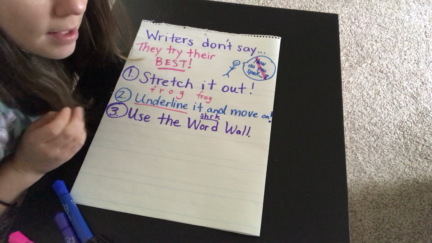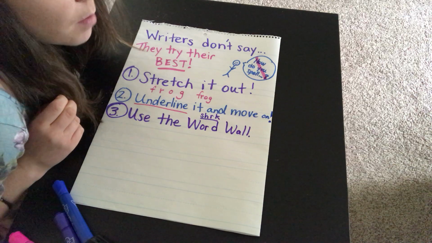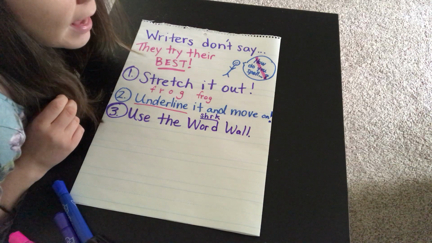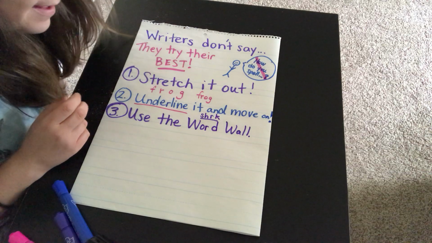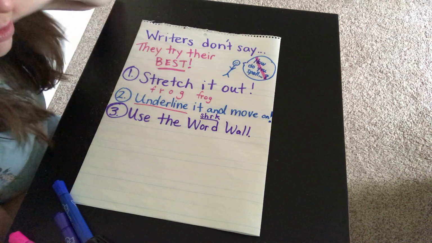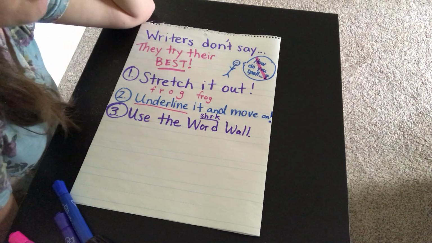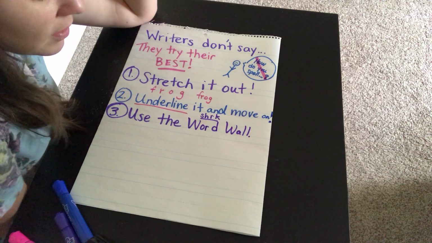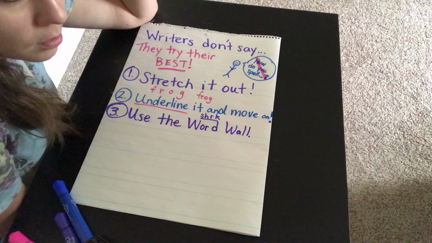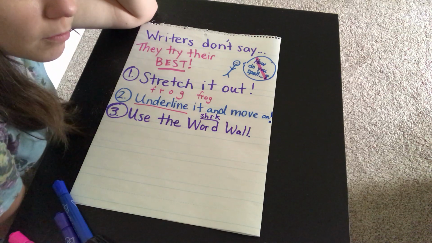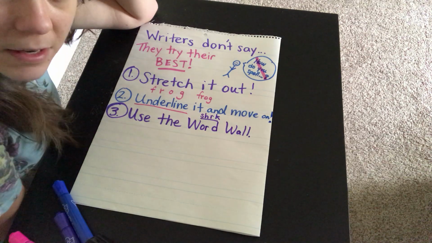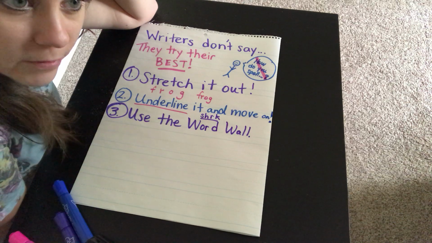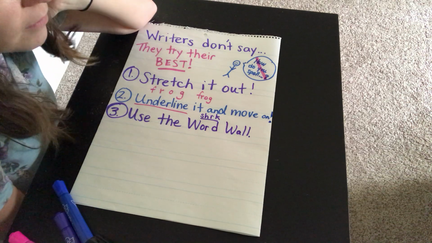So like A has and, it has the word a, at, different words like that. So when I say use the word wall, you could look at that wall and listen to the letter that your word starts with. Like if I was trying to spell from, well, from starts with an F, so I would look under the F's and see if I could find from.